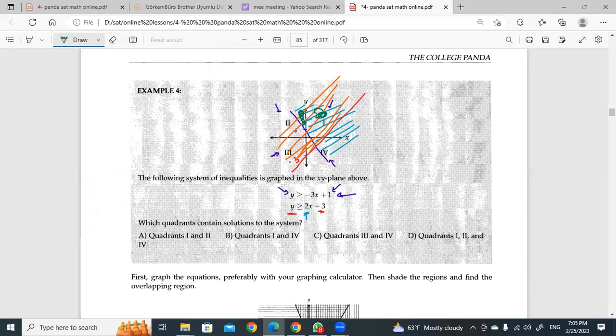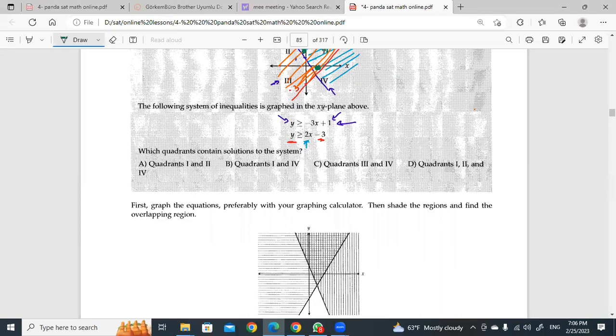Yeah. I have here an intersection between the blue and the orange, and here I have an intersection, and even here, there is an intersection between them. So in which quadrants do they meet? They will meet here and here and here.